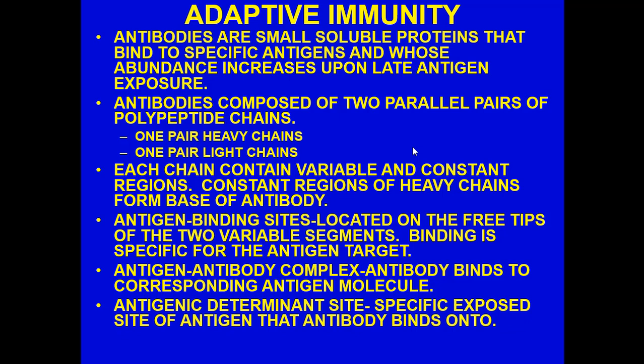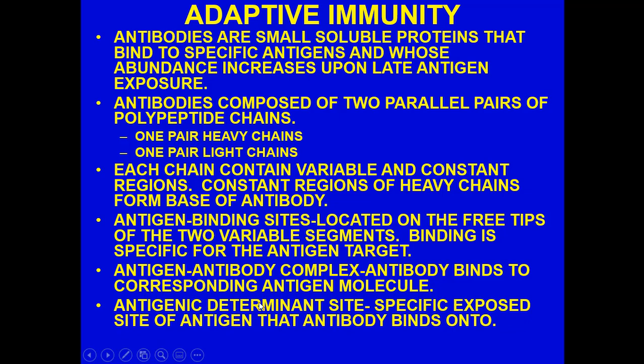Constant regions of the heavy chains form the base of the antibody. The antibody binding sites, or the antigen binding sites, are located on the free tips of the two variable segments, and the binding is specific for the antigen target. The antigen-antibody complex, the antibody will bind to the corresponding antigen molecule.